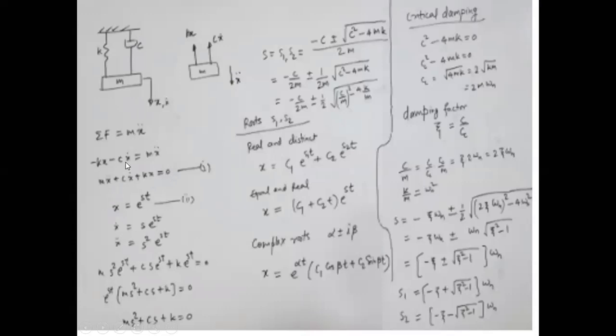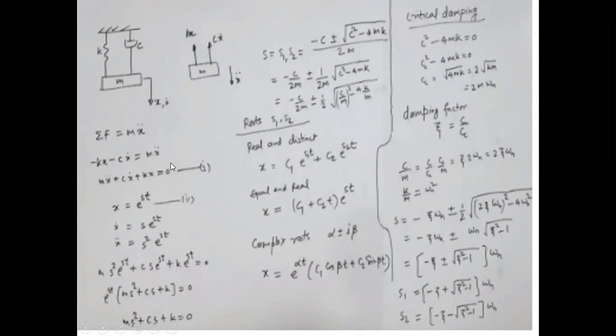Now this equation, as you know if you have studied mathematics earlier, is a linear homogeneous second order differential equation. m d square x by dt square plus c dx by dt plus kx equal to 0.